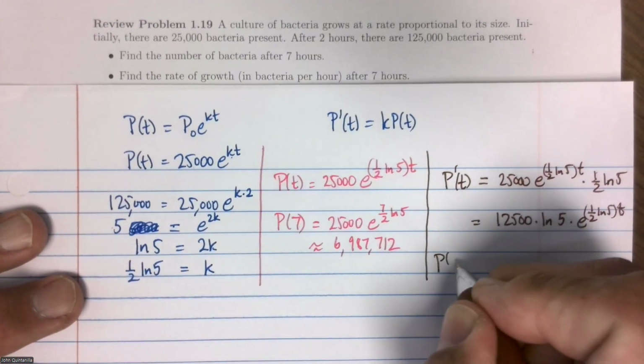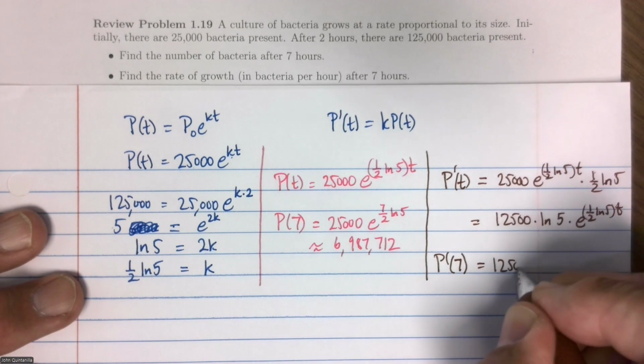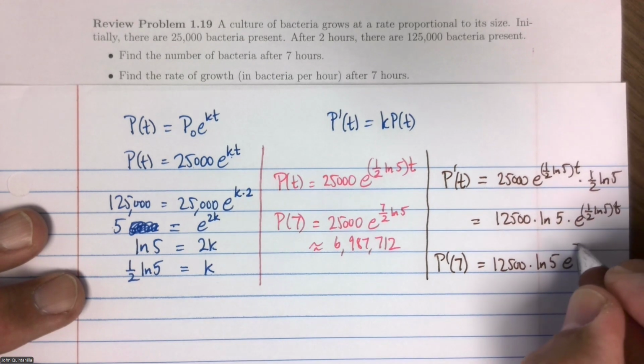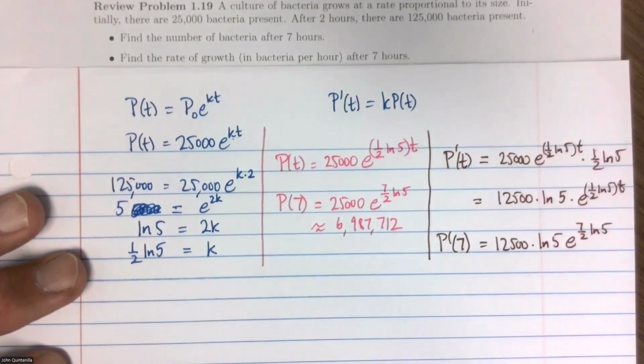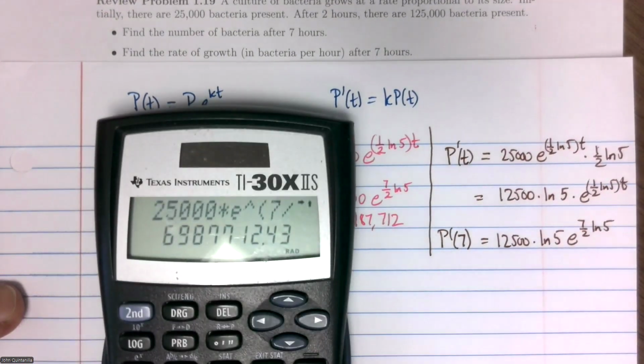And therefore, P prime of 7 will be equal to 12,500 times the natural log of 5 times e to the 7/2 natural log of 5. And so we can plug that into our calculator and get the answer. So let me go ahead and do that.